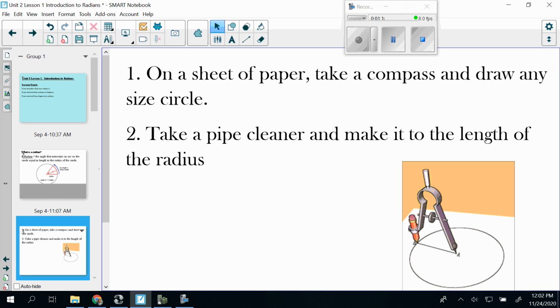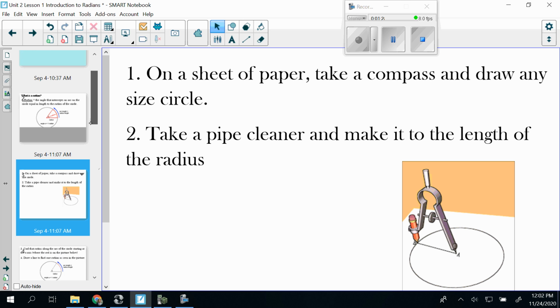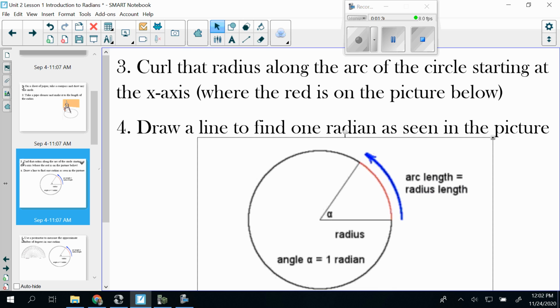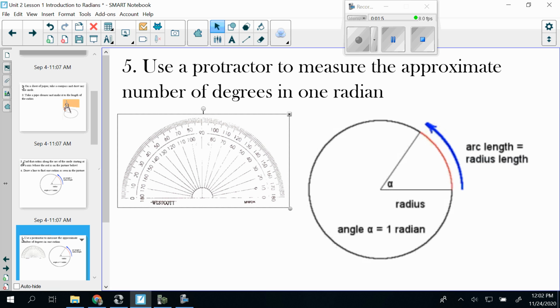Then if you took something flexible like a pipe cleaner and made it the length of that radius, you could curl that flexible piece of material around like we just talked about, and that would give you a way to draw out what 1 radian would look like. It doesn't matter what size the circle is, 1 radian is going to be the same angle amount. But what we're going to look at is what 1 radian would be in degrees.